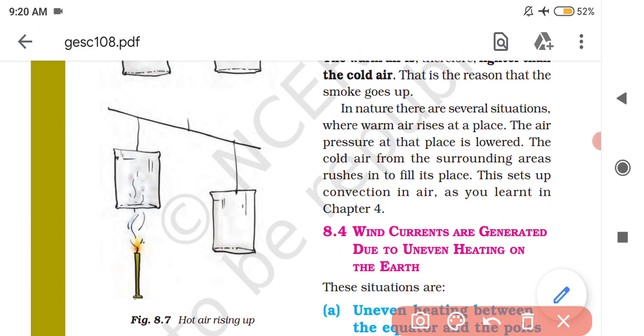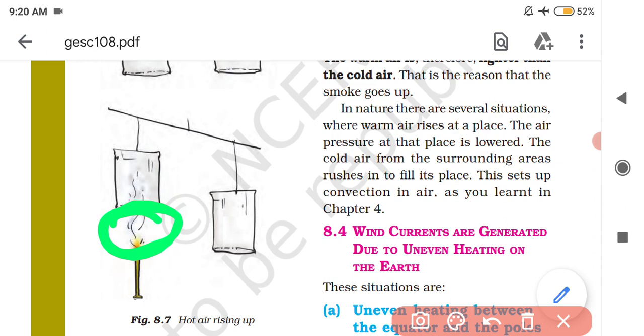So when a burning candle is placed below the left side paper bag, there is air above the candle flame, as you can see here. The air above the candle flame gets heated because the flame is right there.